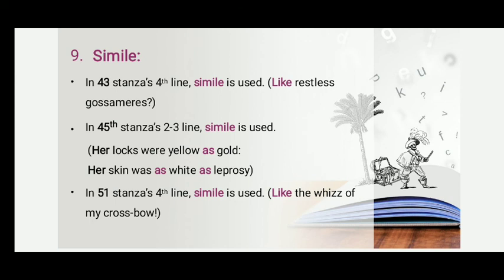Number second, in the 45th stanza, second and third line, simile is used: "Her locks were yellow as gold, her skin was as white as leprosy." Number 3. In stanza 51, fourth line, simile is used as "like the whiz of my crossbow."